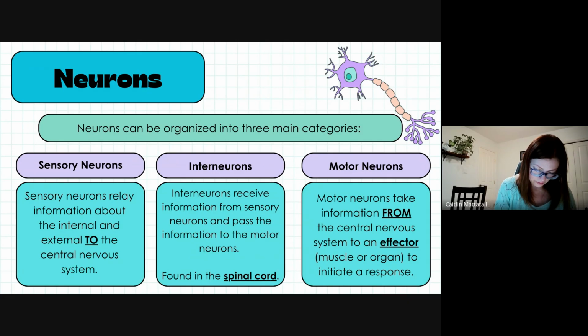I'm also trying to draw your little neuron deals real quick on my little whiteboard.